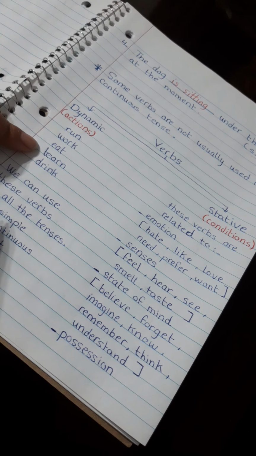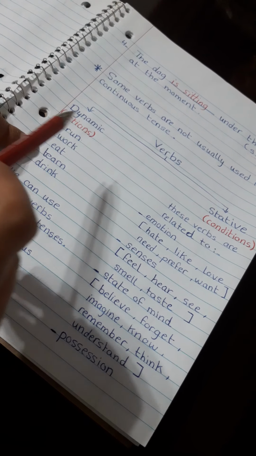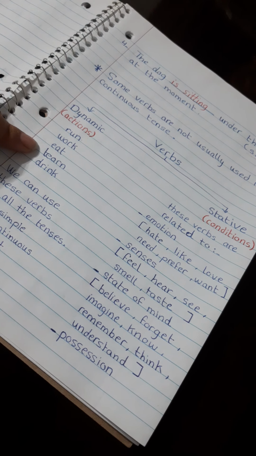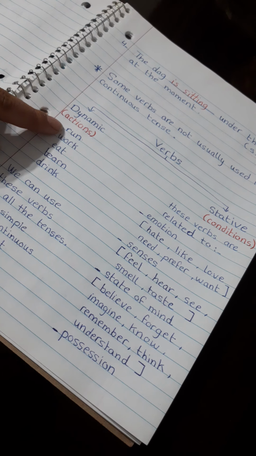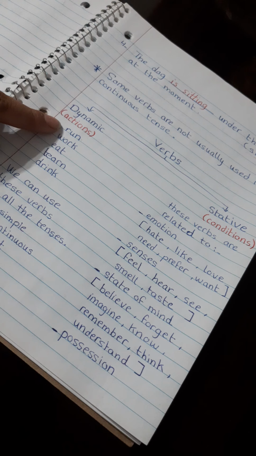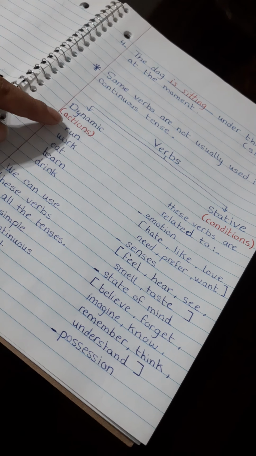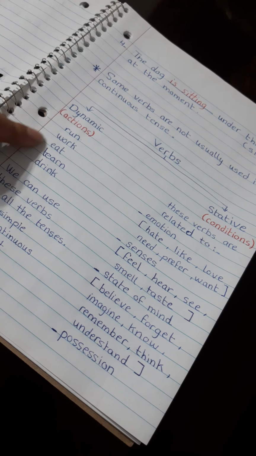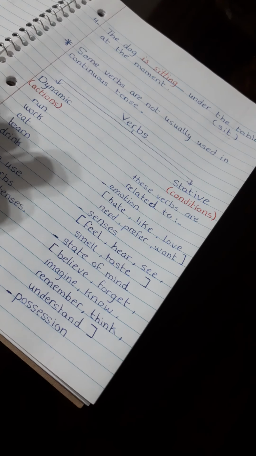We can use here the verb in the simple tense, continuous and past. كيف؟ بقدر أحكي أنا I run. بقدر أحكي I am running. بقدر بحكي I ran. So I can use these verbs in all tenses. هذا الحكي مش موجود بالstative verbs.